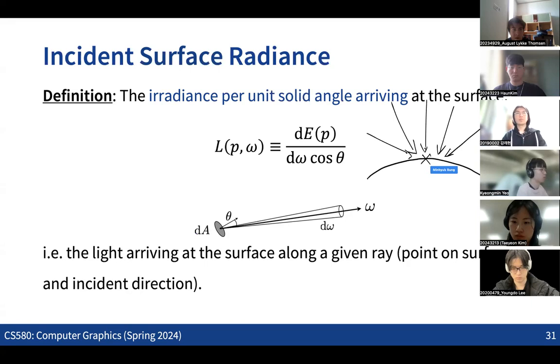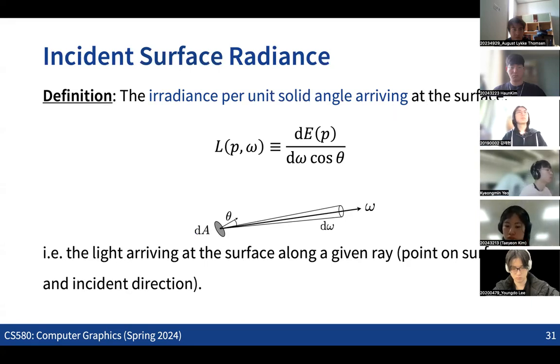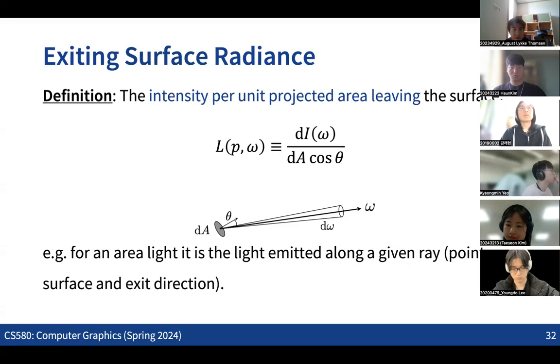So for each point, we have this incoming radiance, which will be used to calculate the irradiance at each point. And after the reflection, we will also be able to define the exiting radiance, which is the amount of light leaving the surface into some specific direction. So we have two types of radiance: one is the incoming radiance, and the other is the exiting radiance.